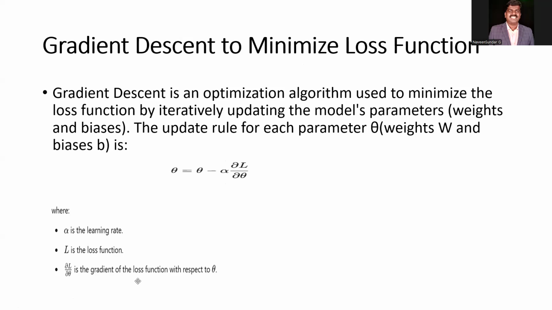Del L by del theta is the gradient of the loss function with respect to theta, and L is the loss function. This ratio gives the gradient of the loss function with respect to theta, and we subtract it from the theta value to get the updated theta. We continue until then, using the update rule for each parameter theta, where weight W and bias B are used. That is what we have seen now.